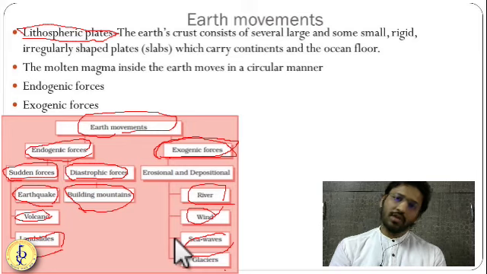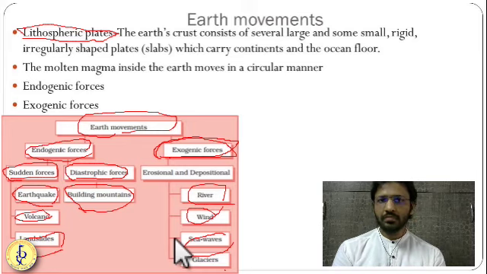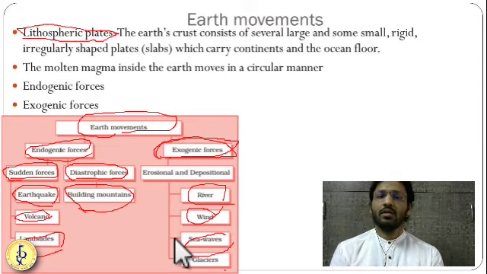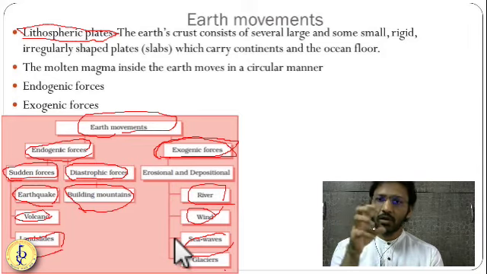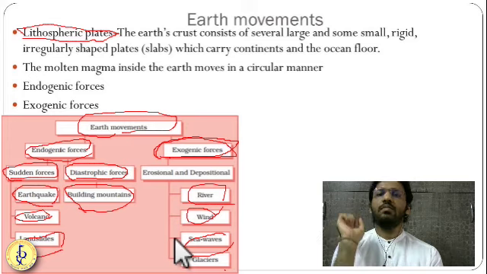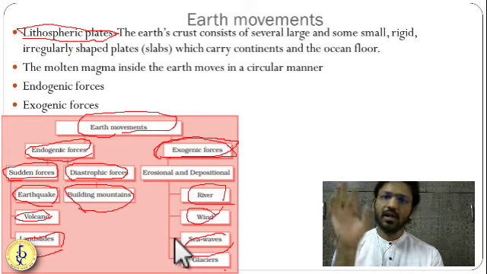Now these exogenetic processes, for example, river. River is originating on the mountain. So what will the river do? River will erode that mountain vertically. While eroding that mountain vertically, it will create a valley on that mountain. This is called an erosional feature of the river. But once the power of the river gets reduced or it dwindles, it will deposit the material it has eroded somewhere down.